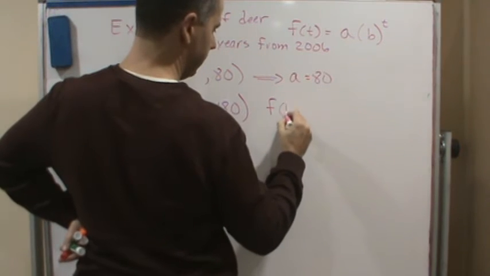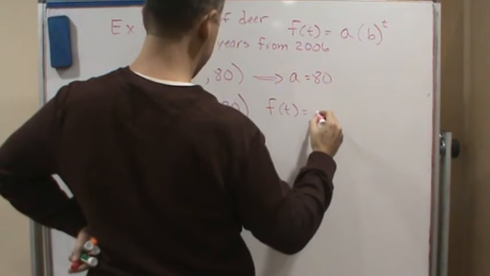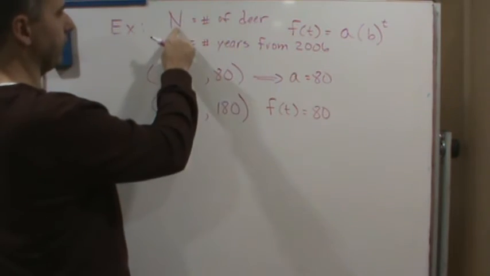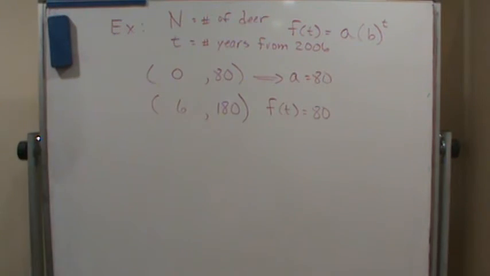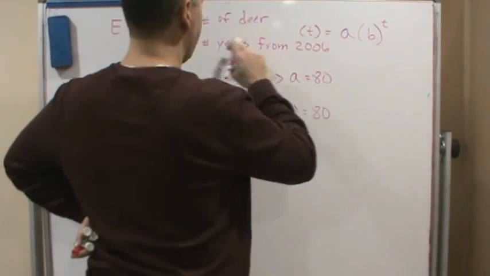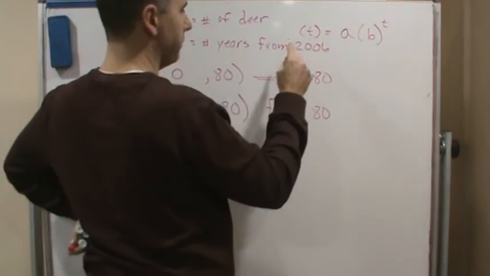So let's do that. Oh, by the way, they want N equal to the number of deer. So in this case, instead of f, the number of deer is a function of time.